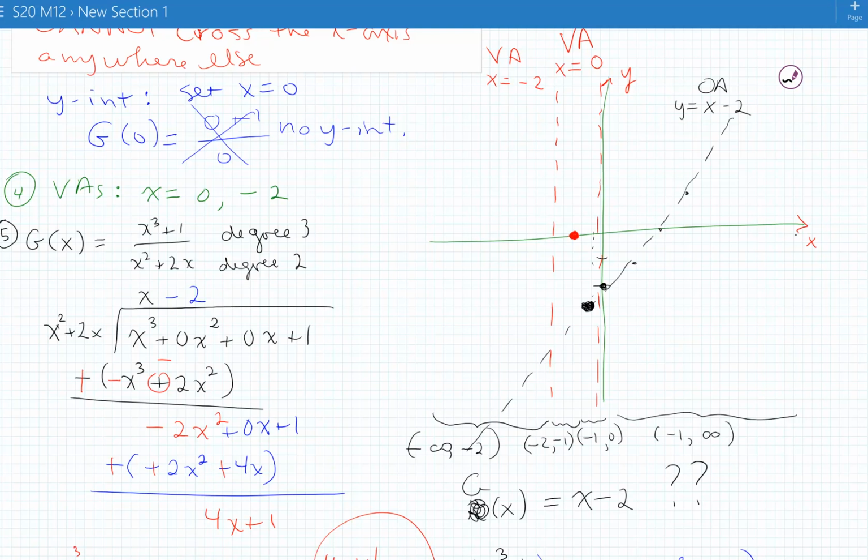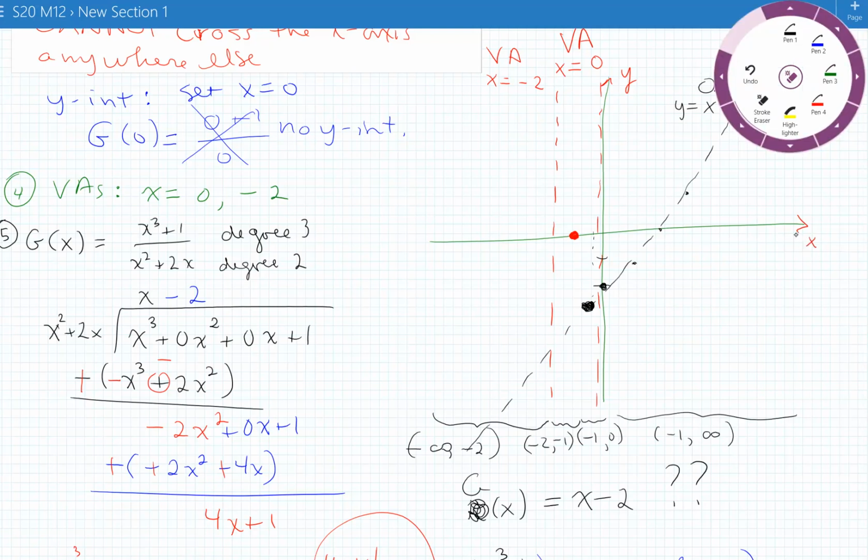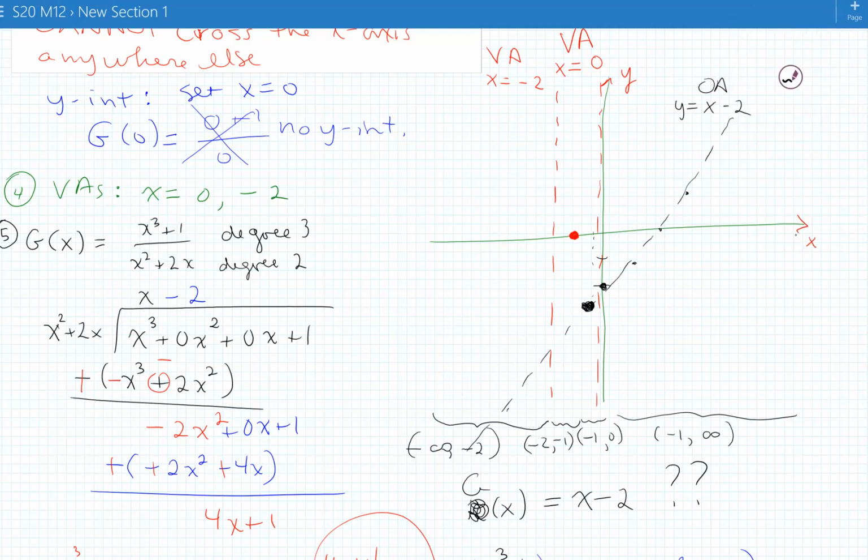Well, it really only has two choices. It has to approach the vertical asymptote, and it has to approach the slant asymptote. So one way it could go would be like this. The problem with that is, I just crossed the horizontal axis, and I know I can't do that. So the graph must be down here, because this is the only other choice left. Okay, so that's the first piece of our graph.